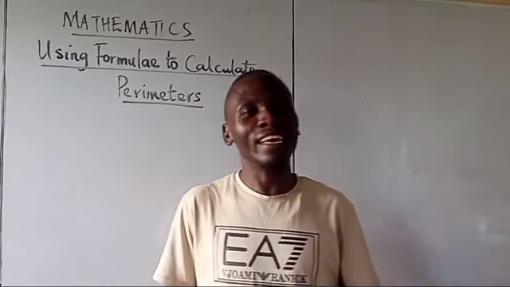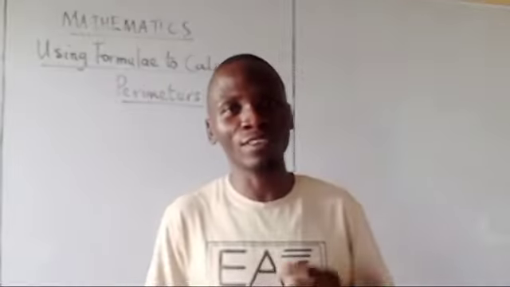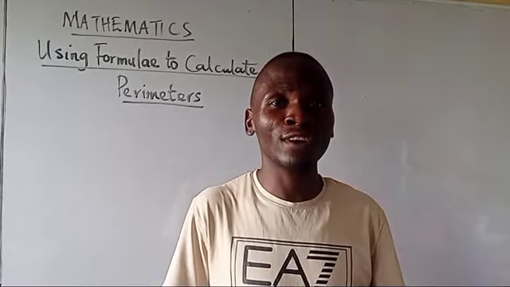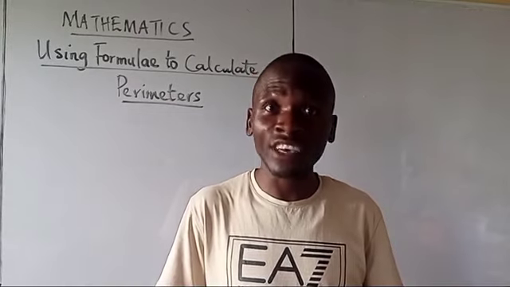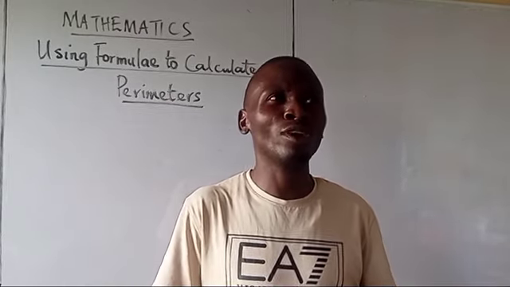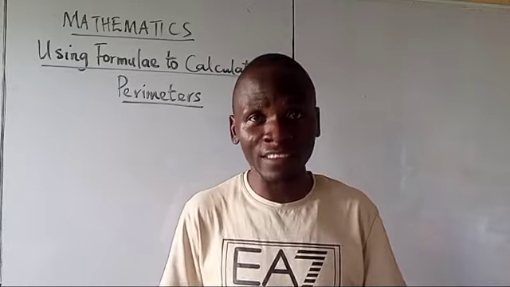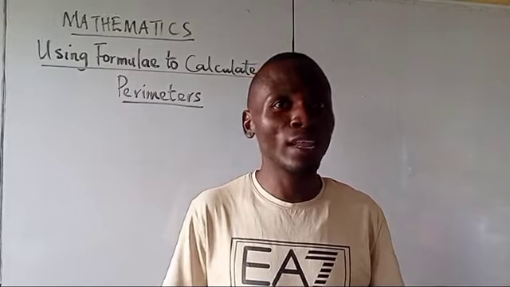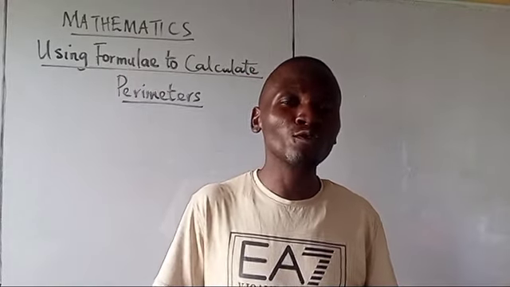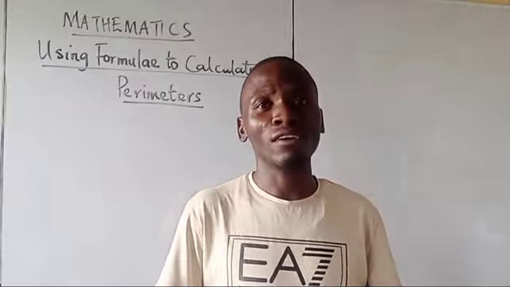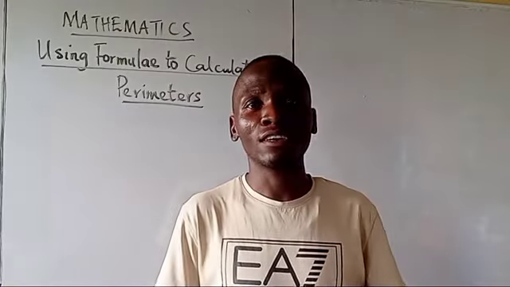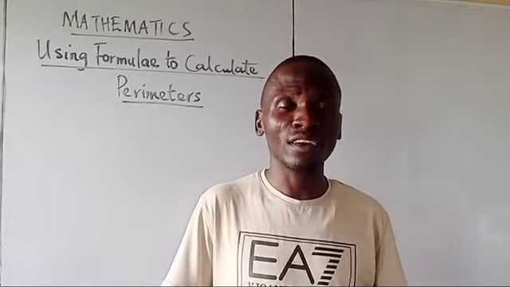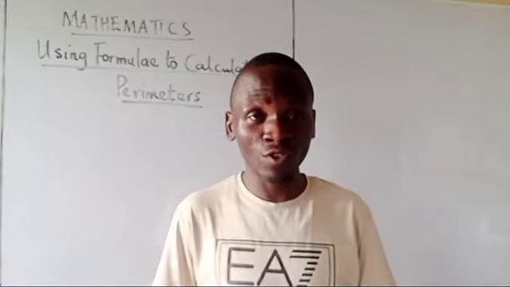Today, like I said, we are continuing on the topic perimeter. This particular topic is actually meant for JSS1 students as a continuation of what they have learned from their primary school as regards plane shapes, regular and irregular shapes, and how to measure the perimeter of a regular or an irregular shape, depending on the one you are given.